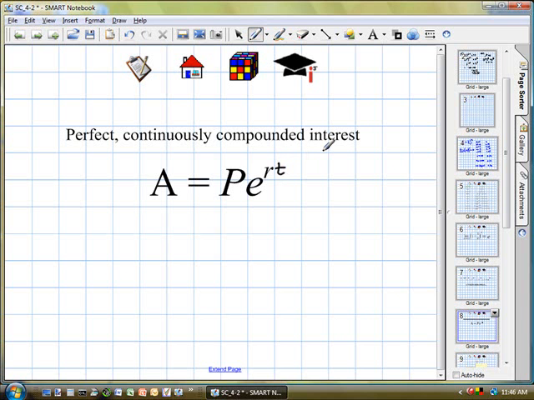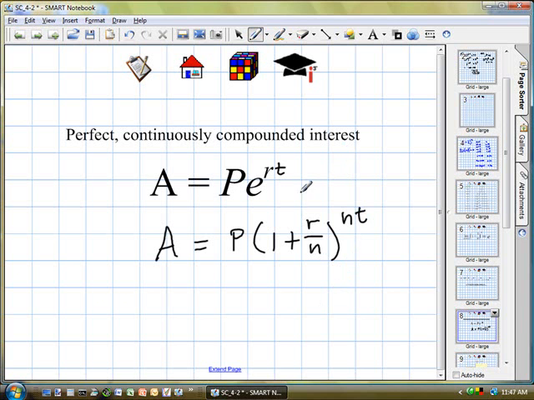This is the first one, and that's in its simplified form. That only works when it's compounded continuously. But this one, right above it, is when you want it to be able to handle different kinds of compounding.